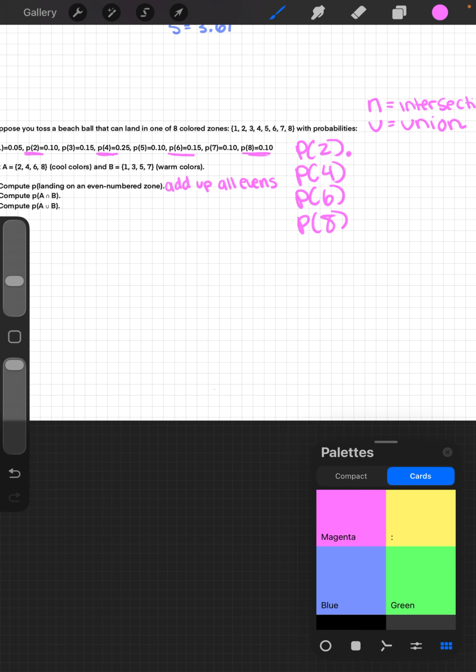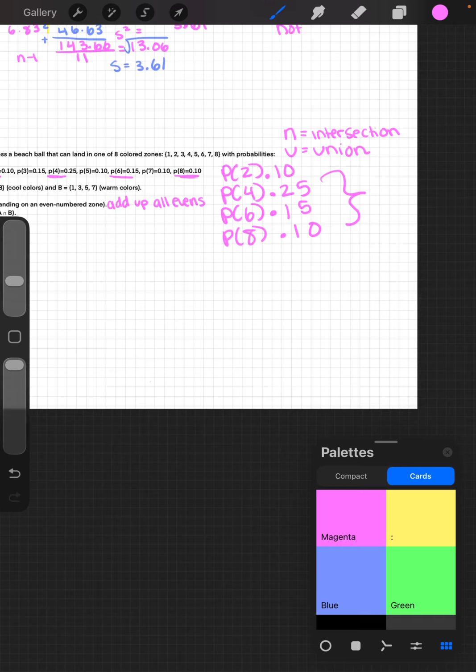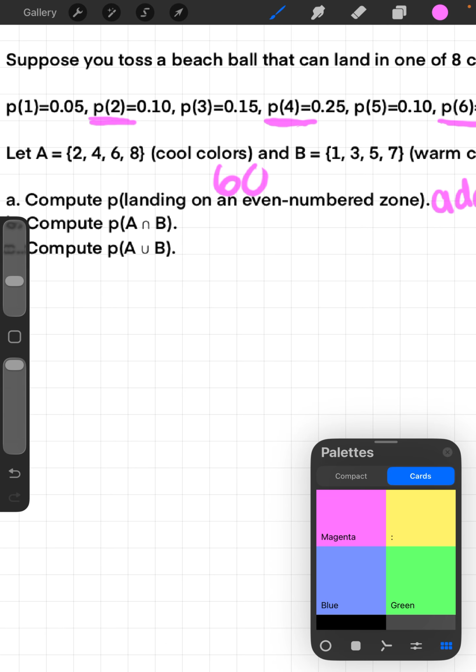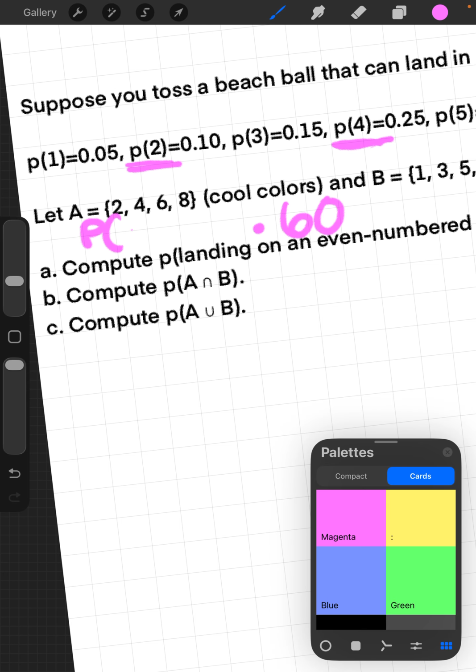I have 0.10, 0.25, 0.15, and 0.10. And when we add it all up, let's see, I have 0.60. So P even is equal to 60.